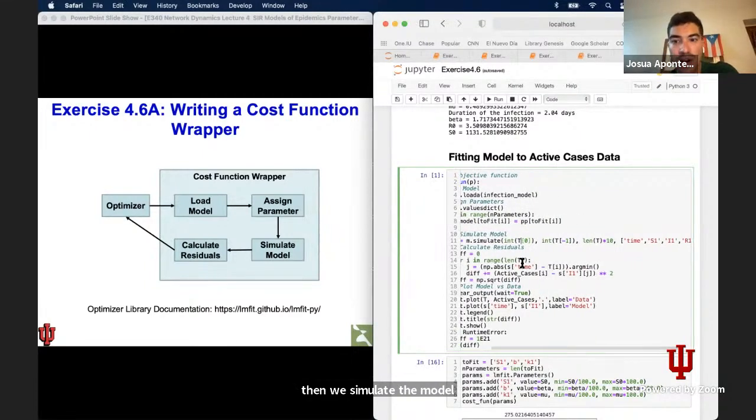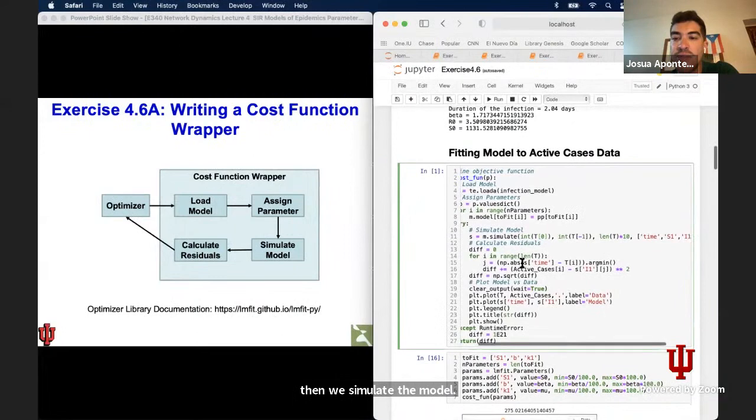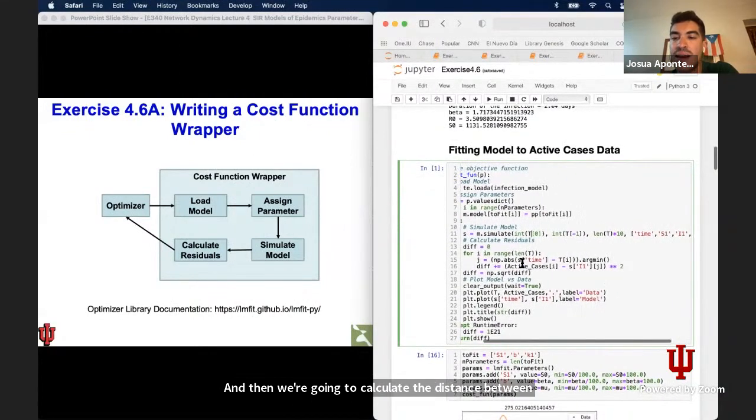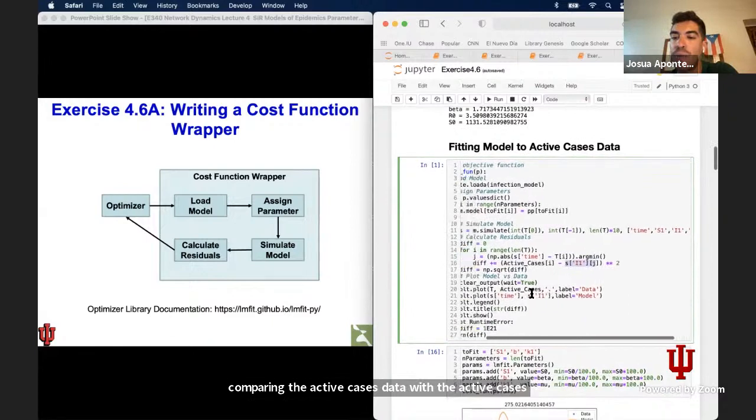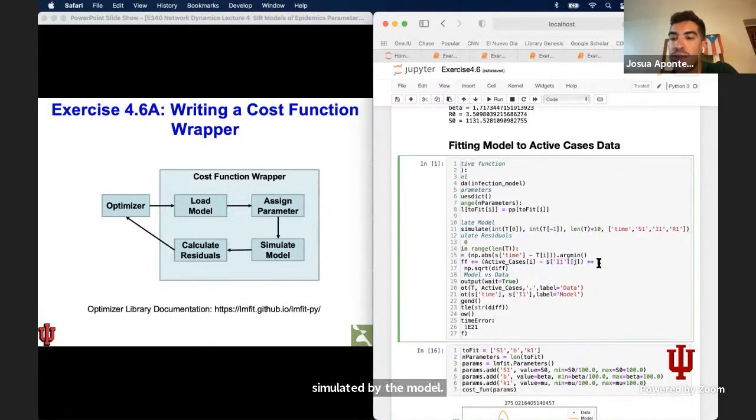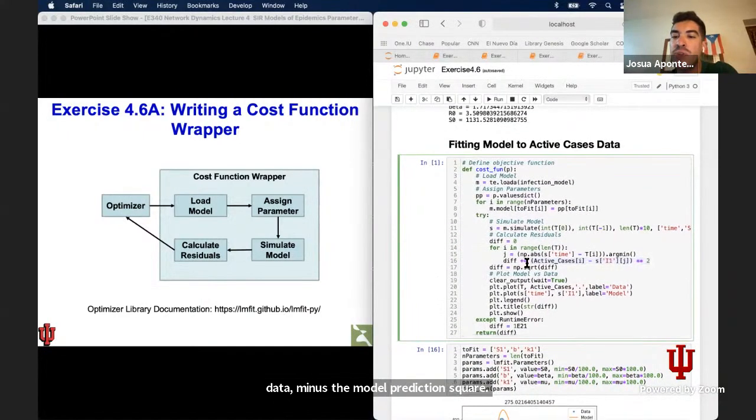And then we calculate the distance between our model and the data. In this particular case, I'm comparing the active cases data with the active cases simulated by the model. And this function might be familiar because this is the chi-square function that we looked at earlier: the data minus the model prediction squared, and we add them up for all of the points in our data.